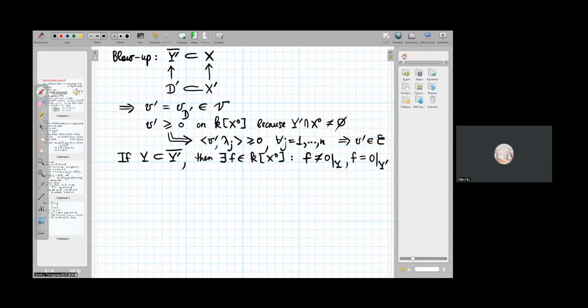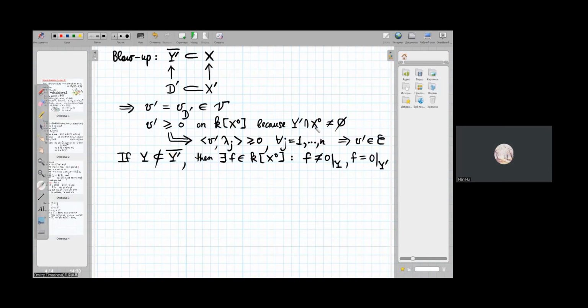Because if this inclusion doesn't hold, we argue by contradiction. We want to prove this inclusion, so we assume that it doesn't hold. Then there exists such a function, just because both orbits here, Y and Y prime, intersect this X naught, and their closures also intersect X naught. And one closure is not contained in another one.